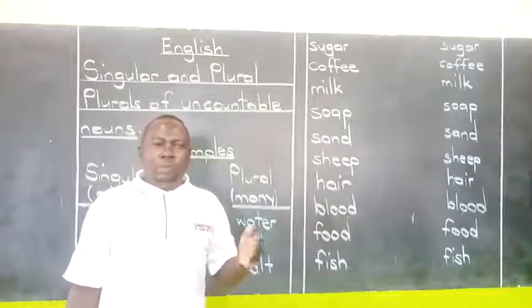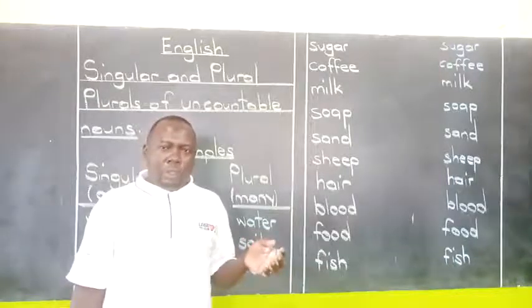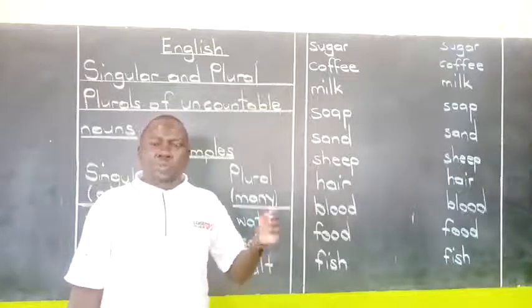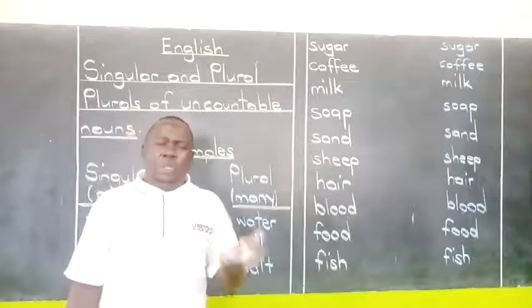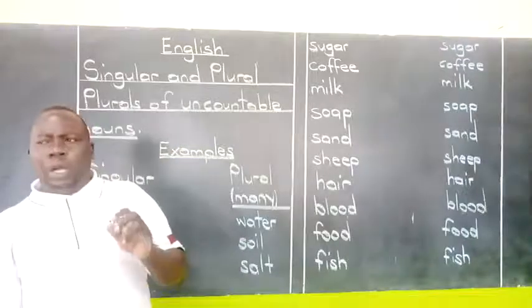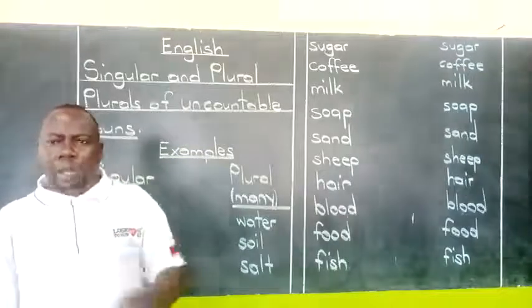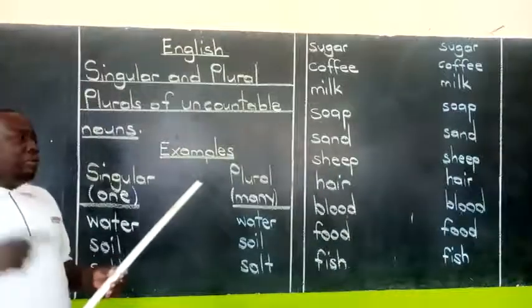Give me 2 pieces of wood, 6 pieces of wood. Don't say 6 woods. No. And so many others that belong to uncountable nouns. So with those few examples, you can give more.